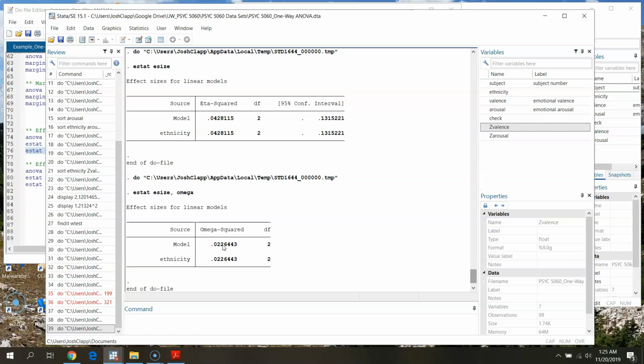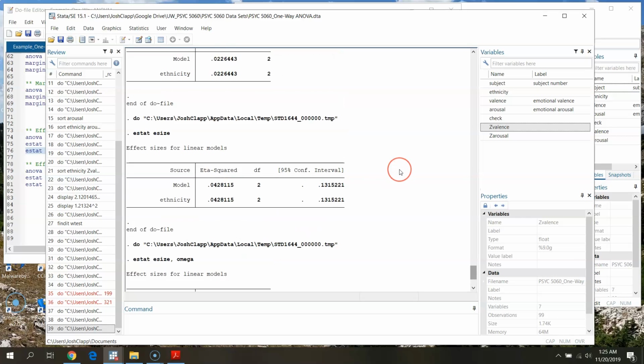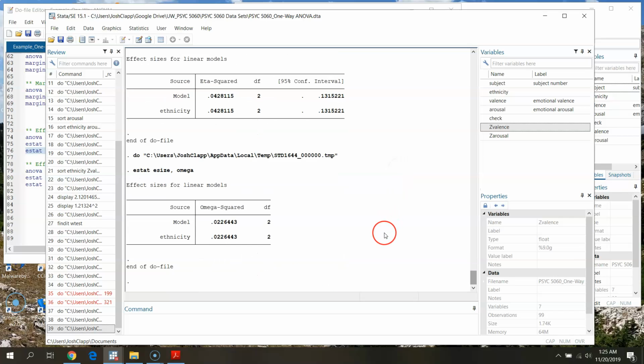About 2.3% of the total variability in that population outcome, or ratings of emotional valence, would be attributable to racial ethnic background. So again, there are smaller effect sizes to be had, but in these data with a limited sample size, the responses we're getting are not inconsistent with our null hypothesis of equal mean ratings of valence across these different populations.